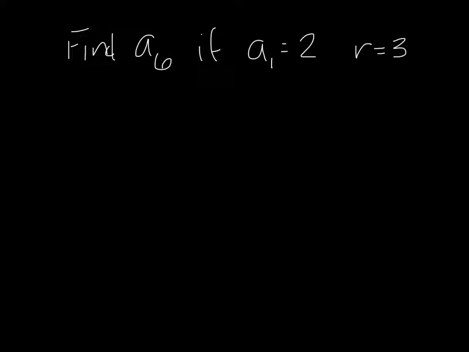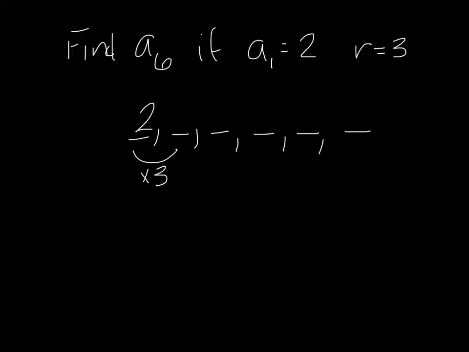Problems that we could see are we want to find a sub 6 if a sub 1 equals 2 and r equals 3. So we could do this a couple ways. We could start, well, a sub 1 is 2, and then I have to find my sixth one. This is 1, 2, 3, 4, 5, 6. And I know I'm multiplying by 3 every time because r is 3.